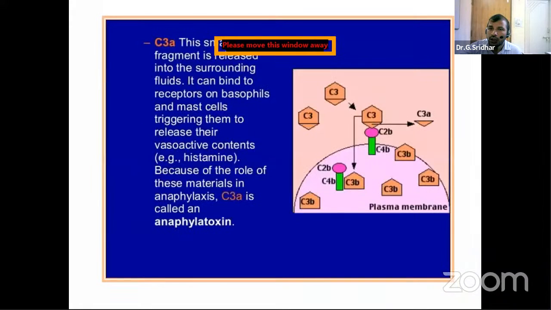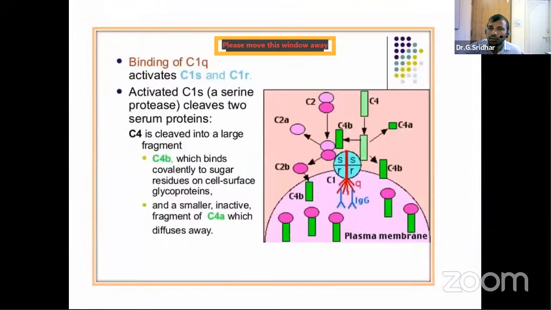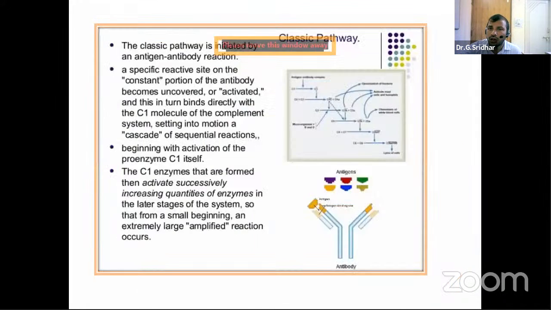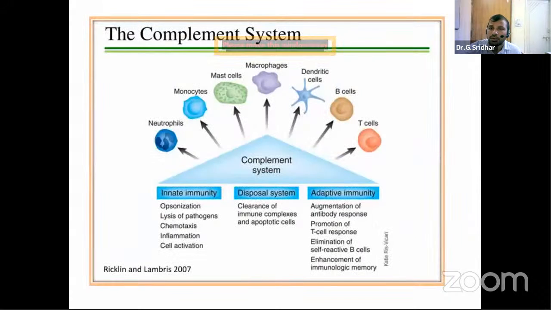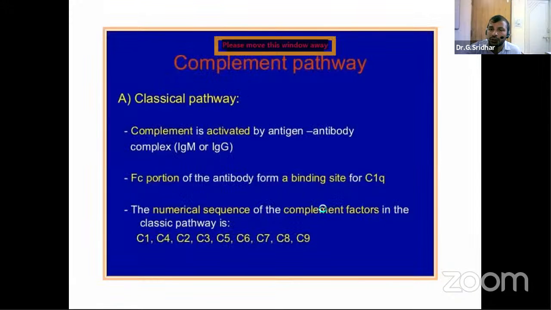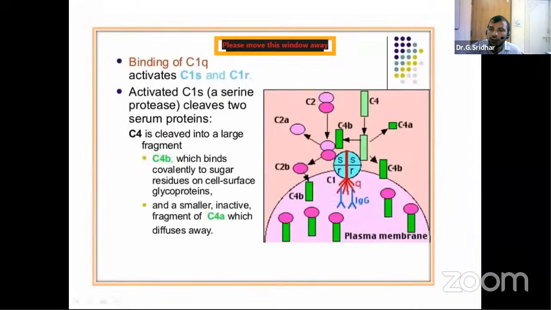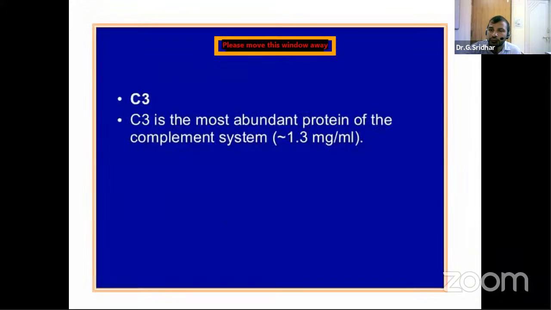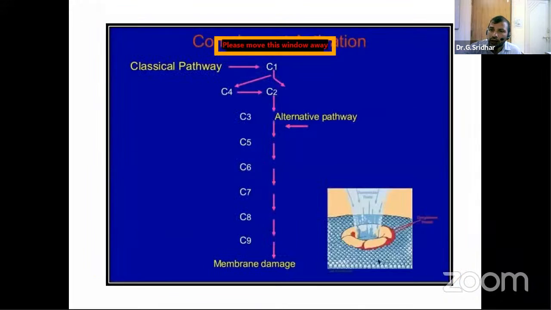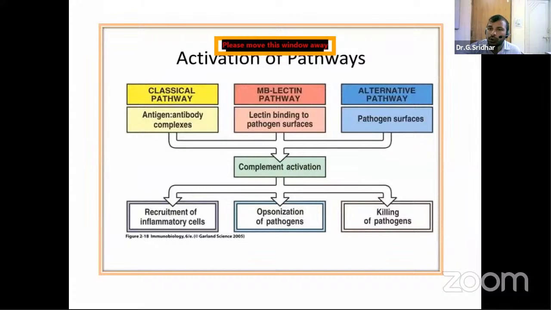Then please read the basic characteristics of the complement system. As I said, the complement system belongs to innate immunity, but to some extent it is augmenting the inhibitors, so it is also kept in adaptive immunity. This is about the classical pathway.